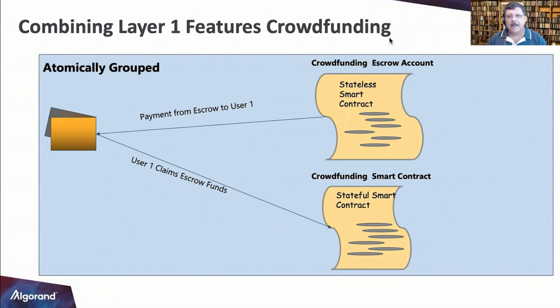So that's the scenario, and you take maybe a stateless smart contract to do some of that logic work up front, and you get the payment from the escrow to user one, and then the user claims the escrow funds, whoever's doing that. And then you might have a stateful smart contract involved there to actually complete this whole process. So once again, here we're combining stateless with stateful, all atomically grouped.